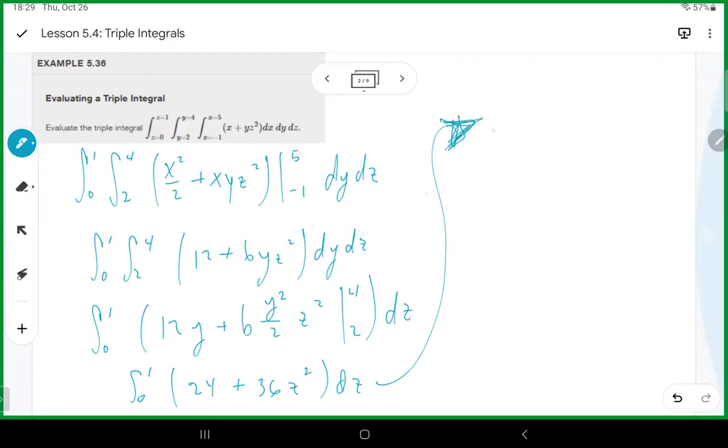And then 24z plus 36z cubed over 3 from 0 to 1. And then lastly, if you evaluate, you end up with an answer of 36.